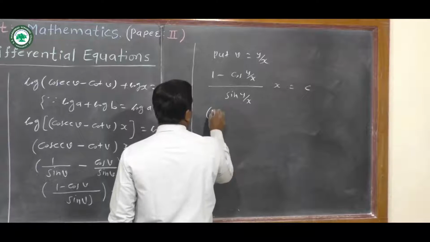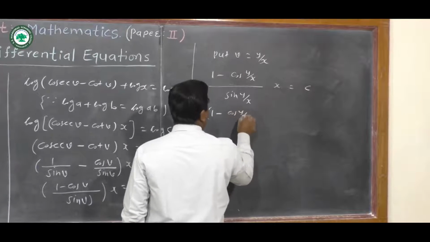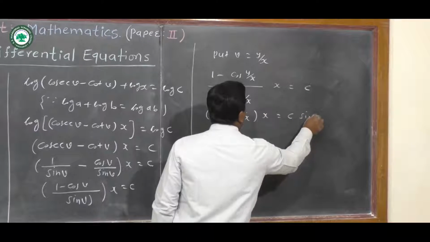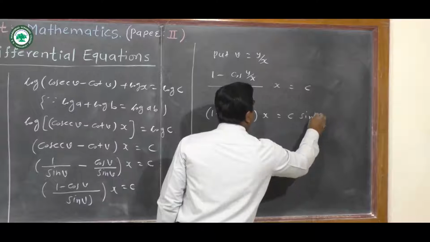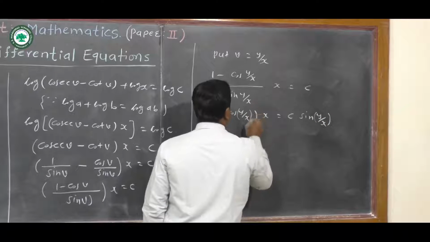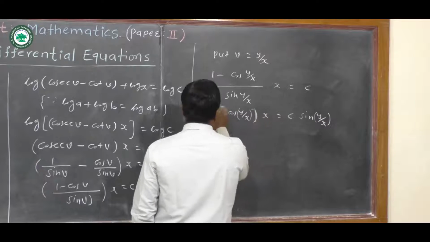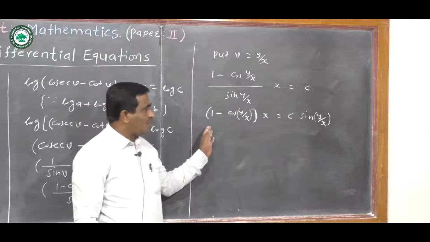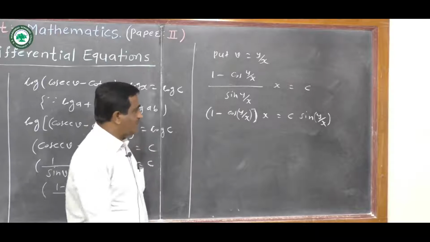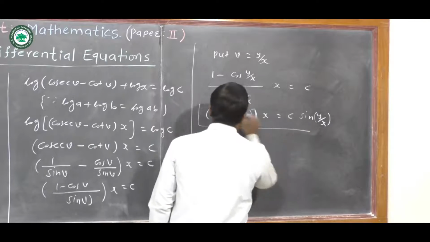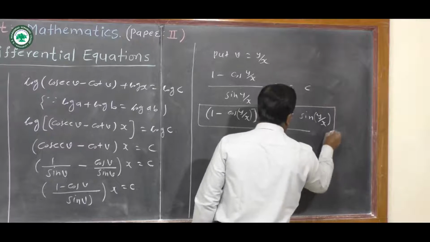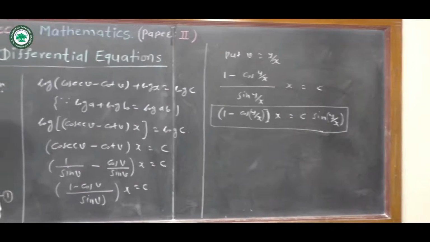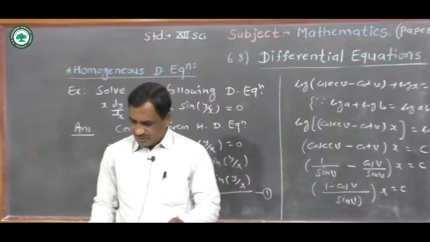That is, (1 minus cos(y/x)) times x is equal to c times sin(y/x). Okay, this is the required solution for the given differential equation. This is the required general solution for the given differential equation.